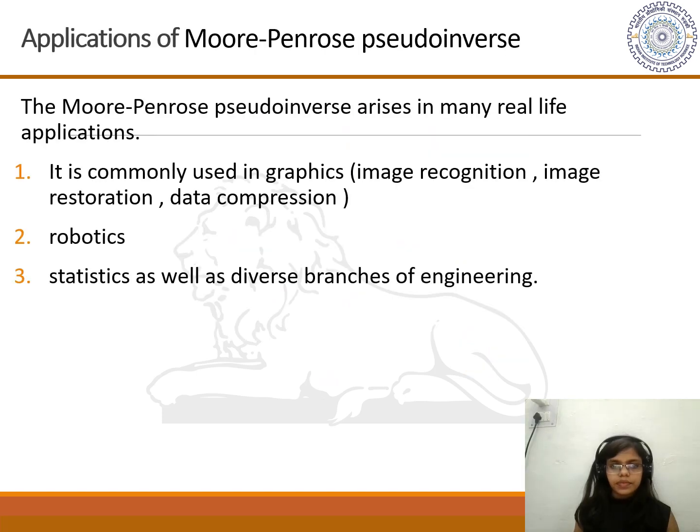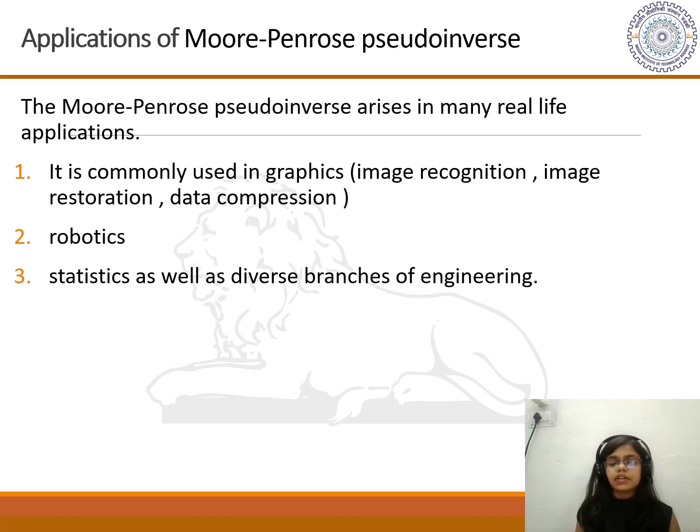Next, let's move on towards the applications of the Moore-Penrose pseudo inverse. So here I've listed some of the applications. The pseudo inverse has been used in these fields for quite a long time now. Some common fields that use the pseudo inverse are graphics.